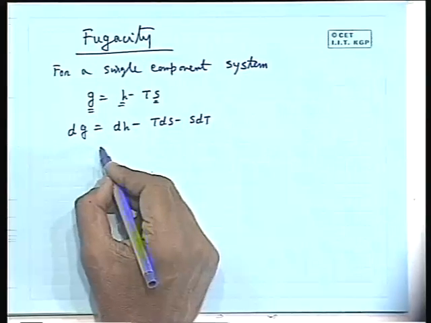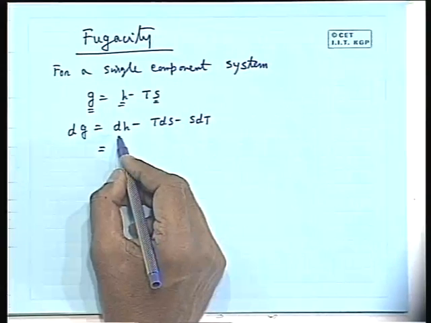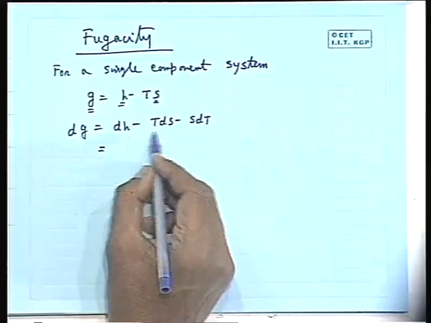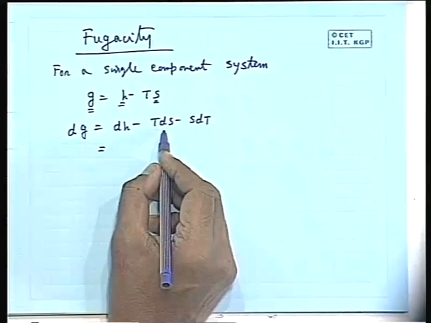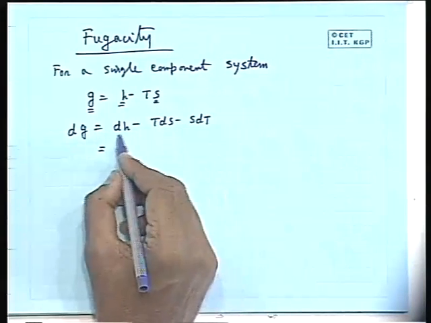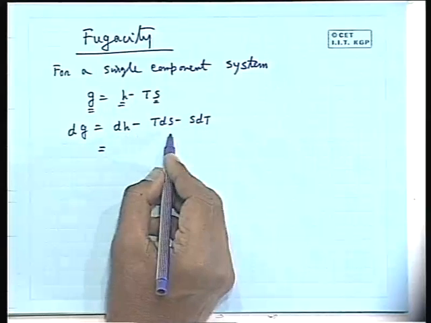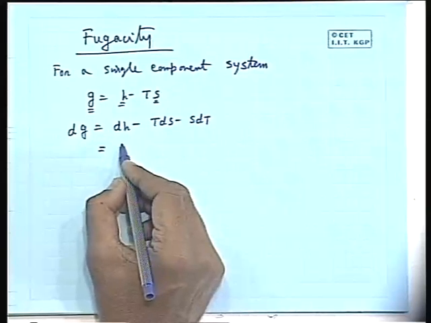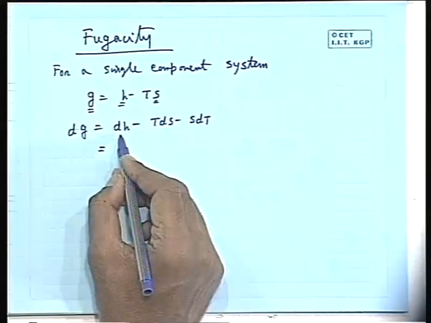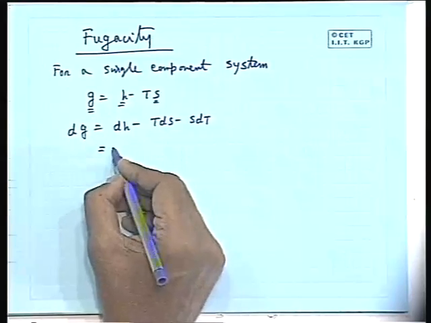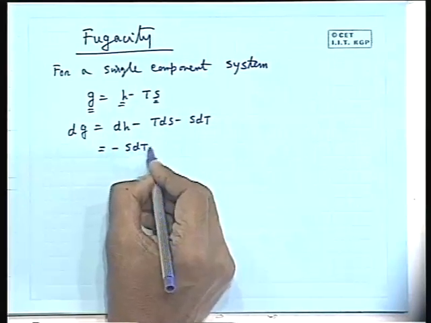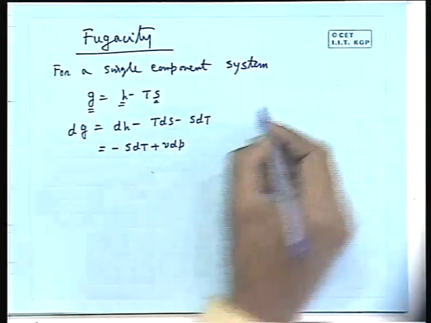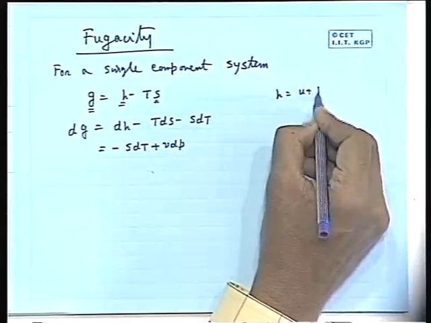We just recapitulate this again. dH is dU plus PdV plus VdP, and dU plus PdV is TdS, so dH is TdS plus VdP, because H is U plus PV.